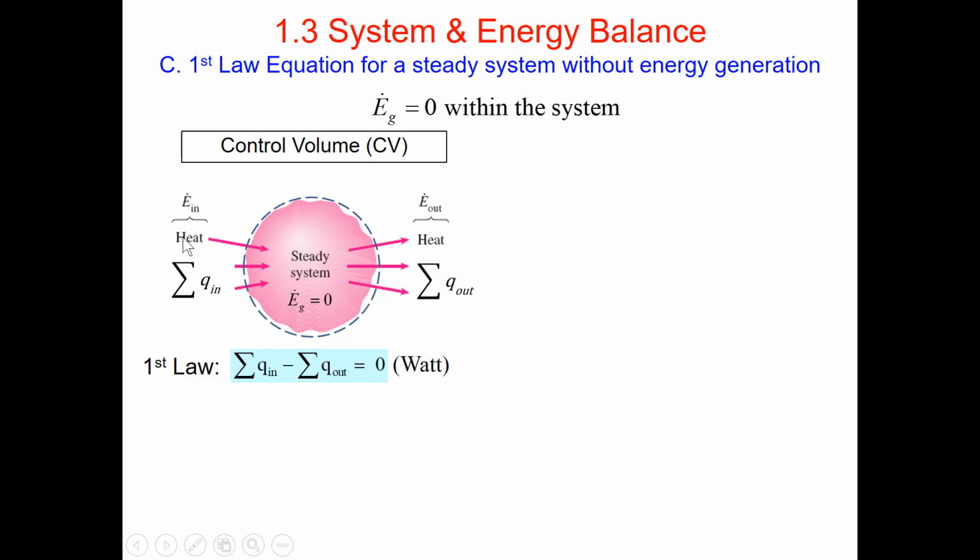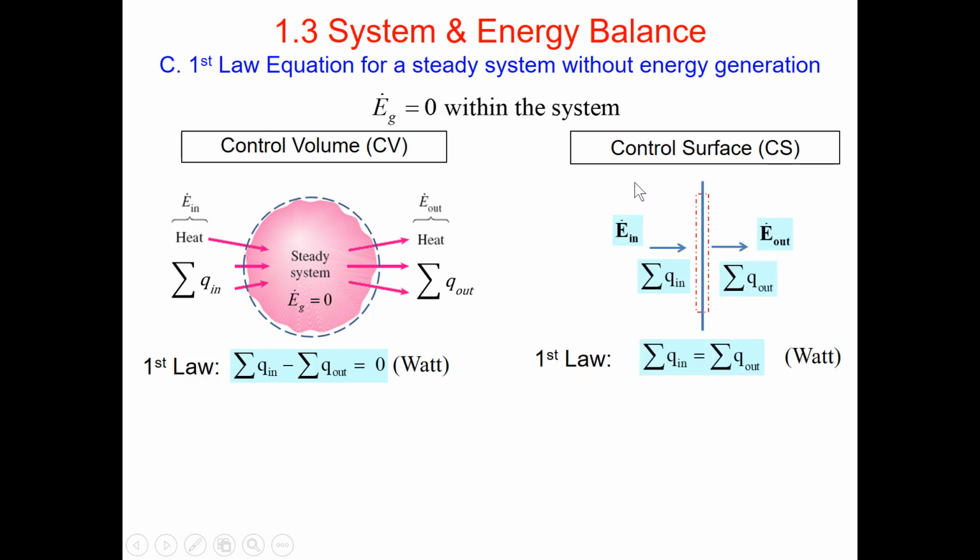Only heat crossing the boundary enters the system and leaves the system. Therefore, the first law states that all the heat into the system minus all the heat out of the system equals 0 for a steady system without energy generation.